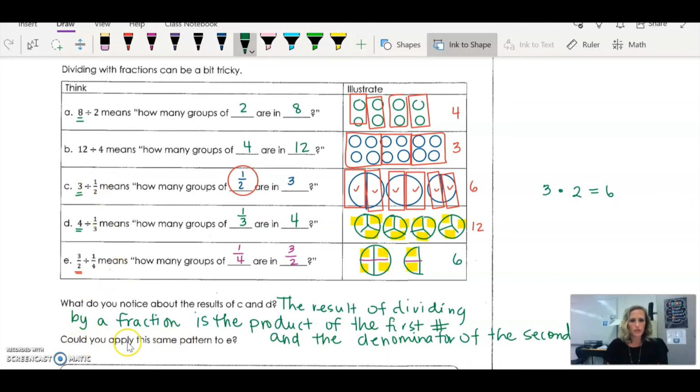So let's see if we can apply that same pattern to E, where the first number was a fraction. So our first number is 3 halves, and then we're going to multiply by the denominator of the second, which is 4, and that'll be 4 over 1. So 3 times 4 is 12, and 2 times 1 is 2, and 12 divided by 2 is 6.